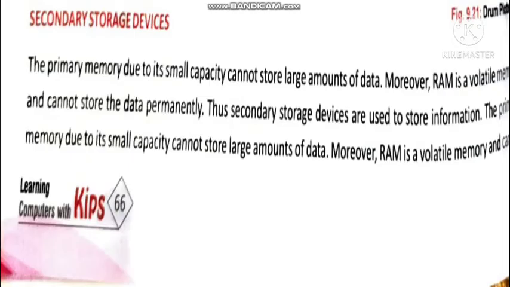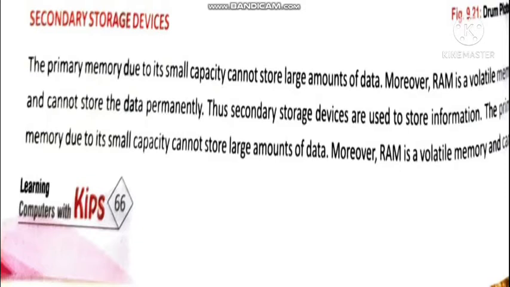Basically, secondary storage devices are used due to the limitations of primary memory. And what are those limitations? It is small in size, sometimes volatile by nature, and we cannot store the data permanently over there. That's why we have to use secondary storage devices. If you compare secondary and primary memory, many advantages are there.